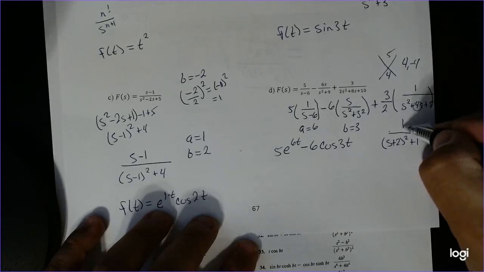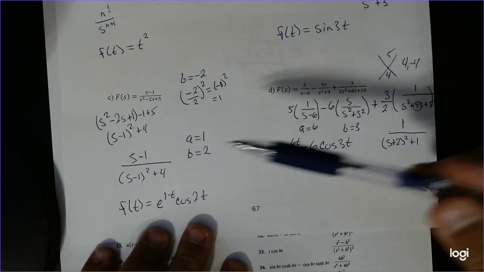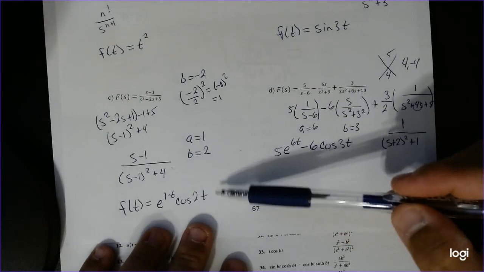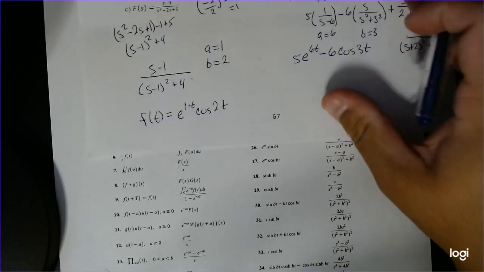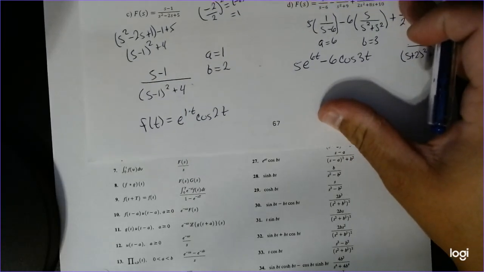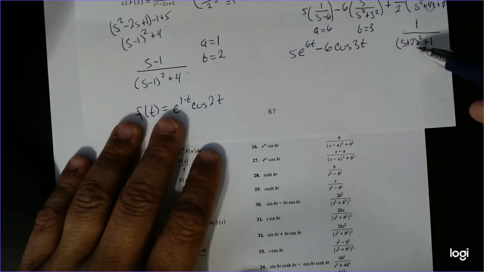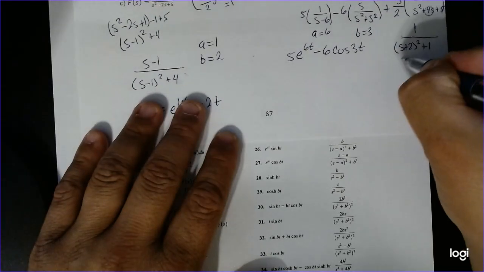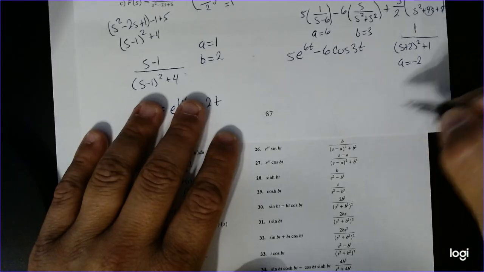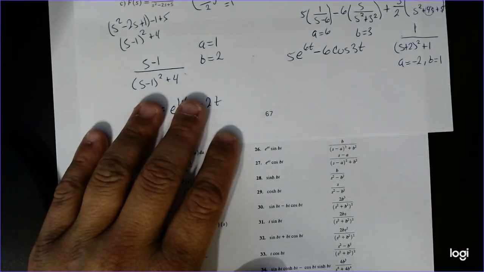Okay? All right, so this Laplace is going to be very similar to this one, so it might be just the sine of it. So where is that sine of it? Let's see if that's true. Okay, and it looks like it is. So in this case, a is going to be negative 2, and b is going to be 1. Okay.